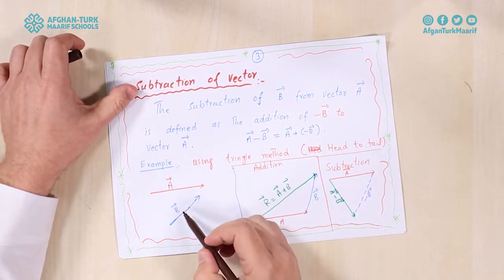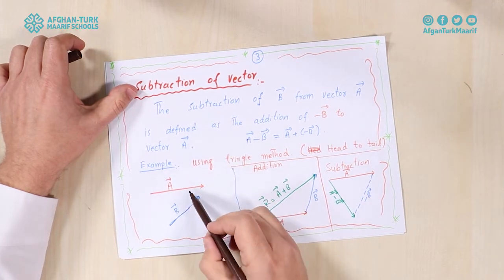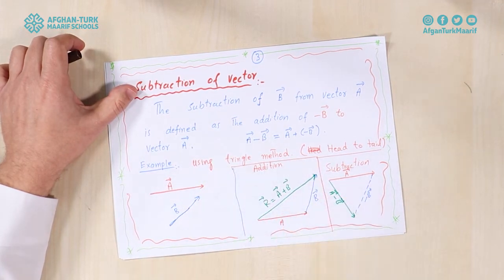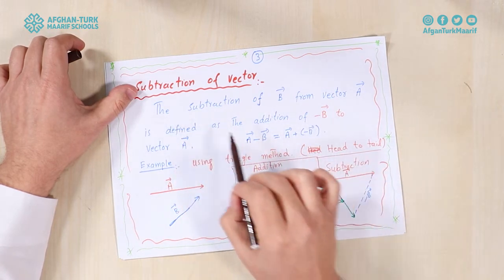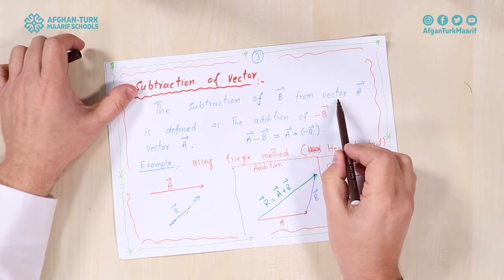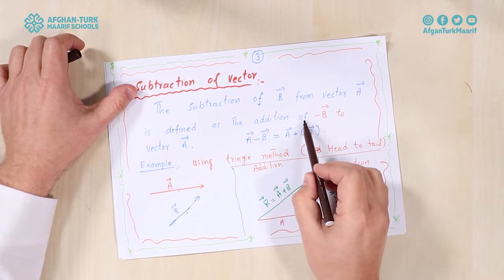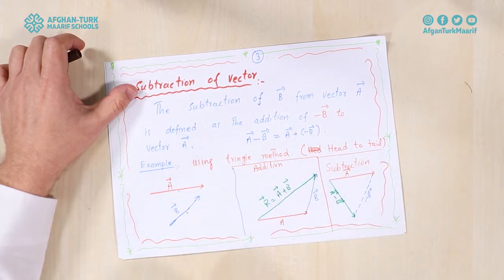Let's suppose this is the positive vector, and I want to add these two vectors using the triangle method. By definition, the subtraction of vector b from vector A is defined as the addition of minus b to vector A.